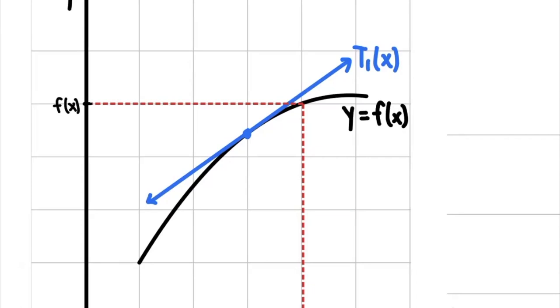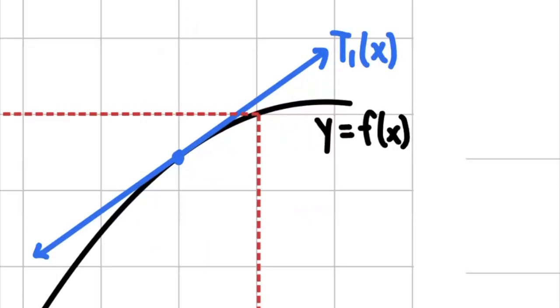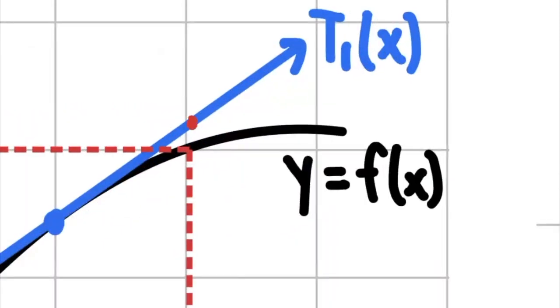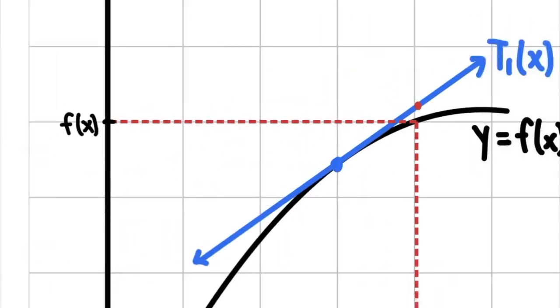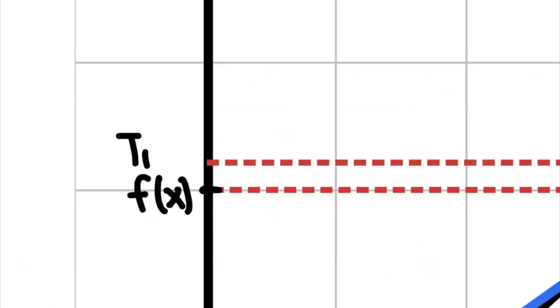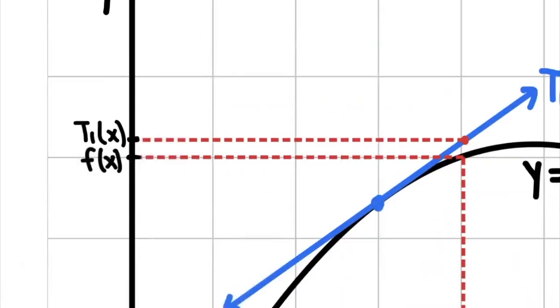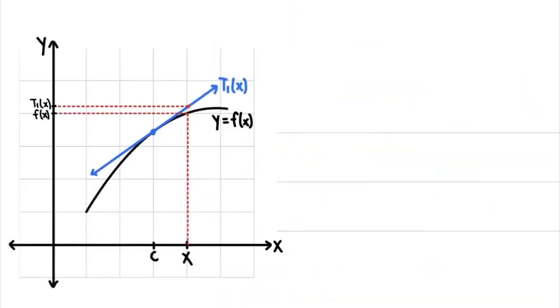That's f of x. So the y value of the line is very, very close to the y value of the function. So here's the point on the line right here at x, and this is going to be t sub 1 of x right there. It's pretty close. So you can see that they're very close to each other.